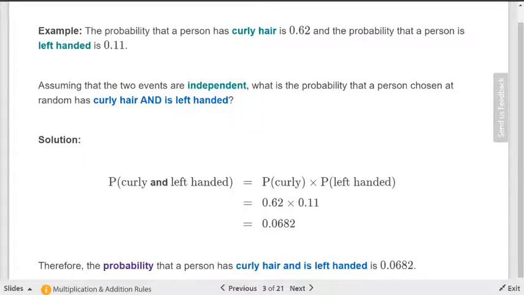But where is my key word here? And. There you go. Which means I'm just simply going to take the two probabilities they gave me and multiply them together. You bet. And that gives you the probability for that particular problem.